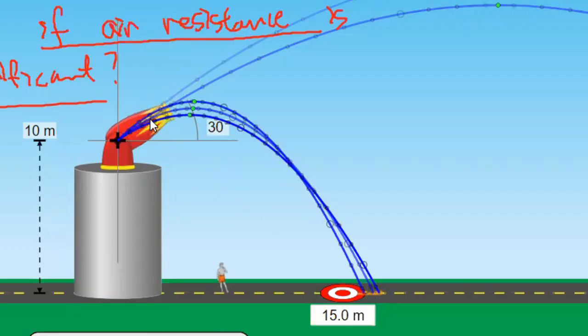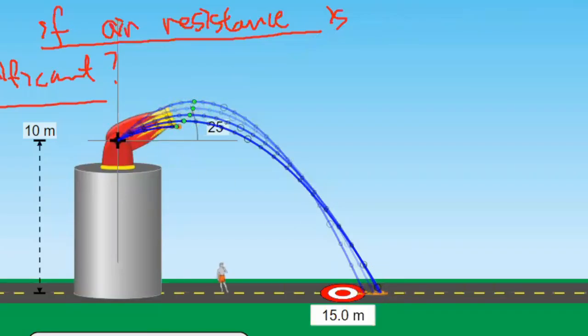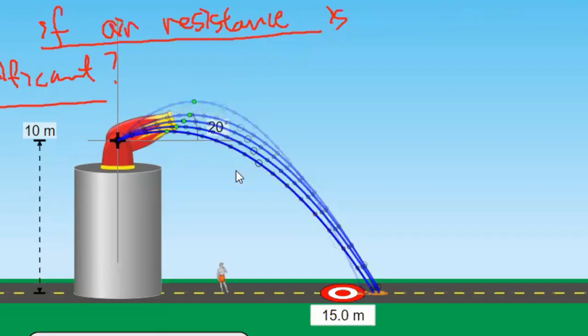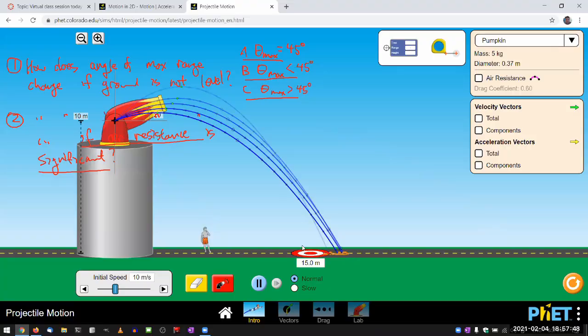Okay, so apparently once you are no longer on level ground, then 30 and 35 degrees were close to each other, and 25 is around the same. Is it all going to be the same? I actually don't know. Okay, at 20 degrees now, it's definitely less than where all the other ones were.